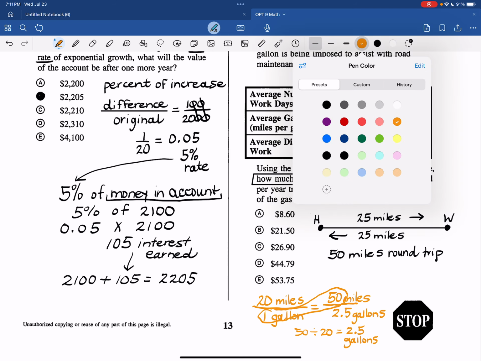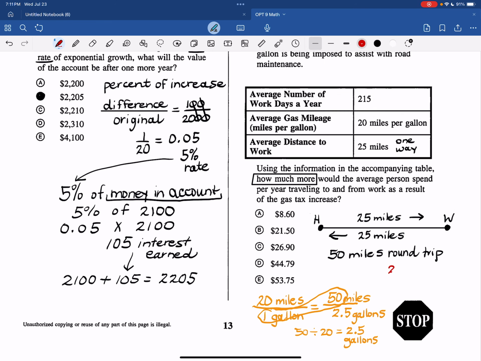So then let's take the 2.5 gallons and multiply it by a dime per gallon. And I'm going to do this on the calculator, so let me just write it this way. Times 10 cents per gallon.